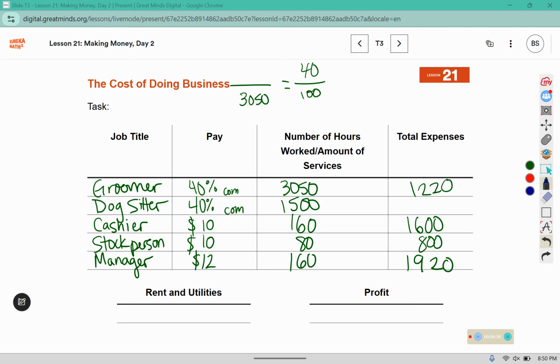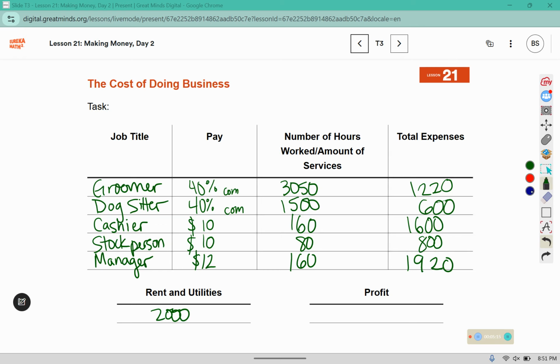Then for the dog sitter, 40% of 1,500, we would cross multiply 1,500 times 40 divided by 100 is $600 for your dog sitter. Since I only have 5 employees and I'm only selling a few items, I'm going to go with a small store, which was $2,000 per month.